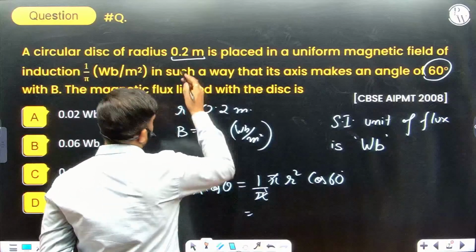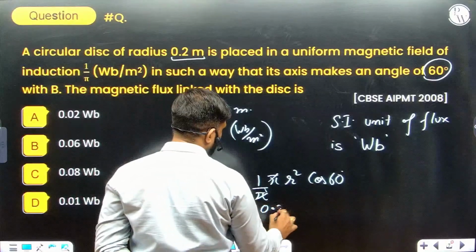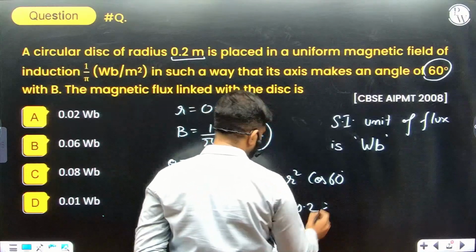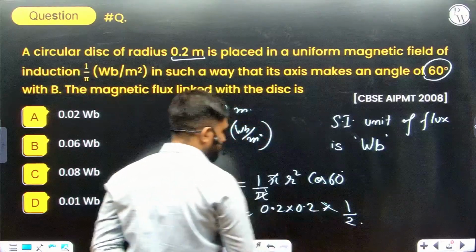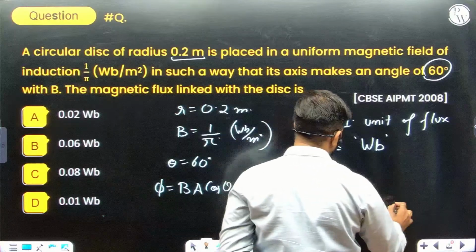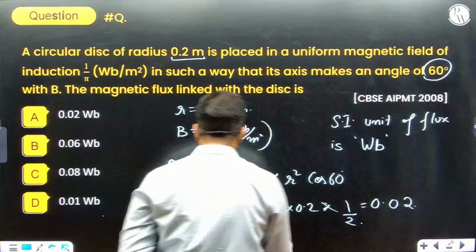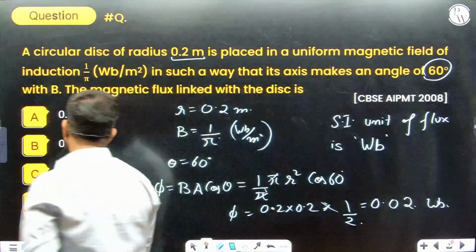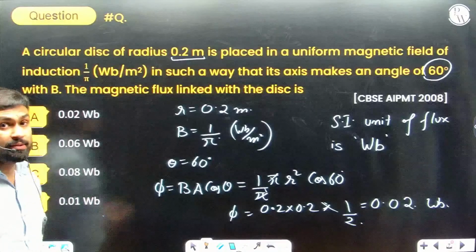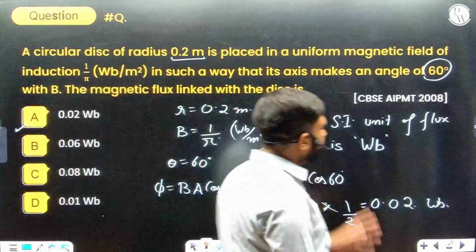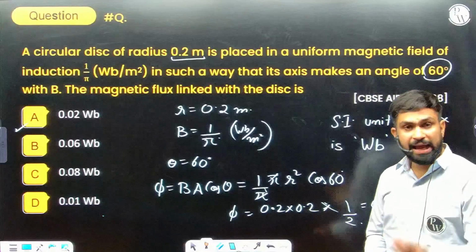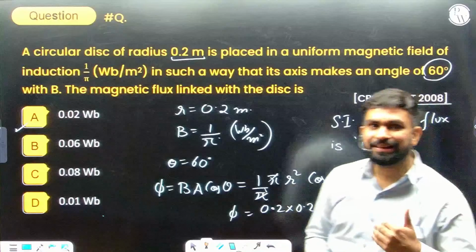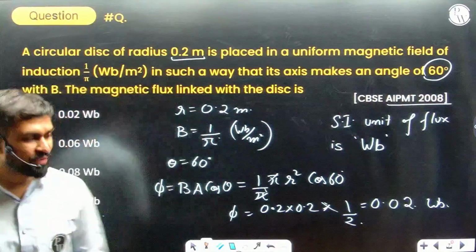Let's cancel it, and 0.2 square, so 0.2 into 0.2, cos 60 is 1 by 2. So it is 0.02, and that is the flux. The unit is going to be Weber only, meter square gets cancelled. Option A. That easy. Such straightforward easy questions have come in your NEET exam, and it came in AIPMT 2008. So you getting the idea? Alright.